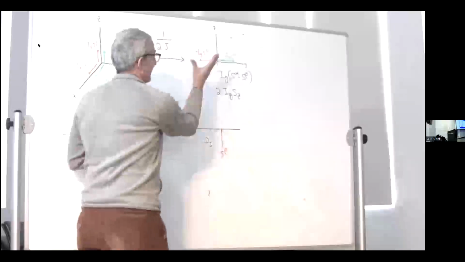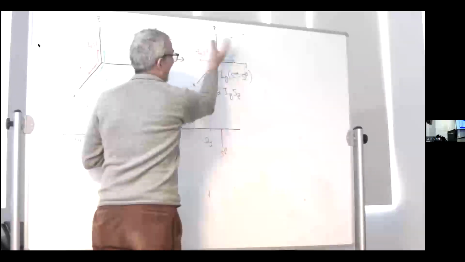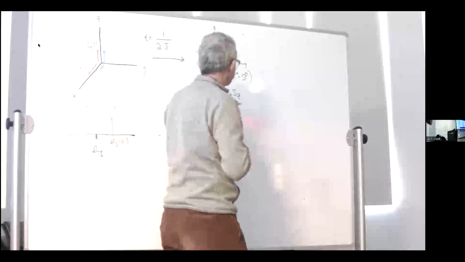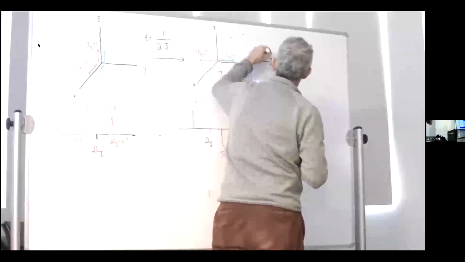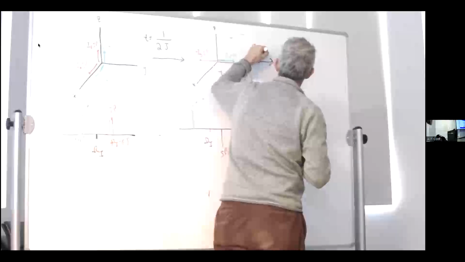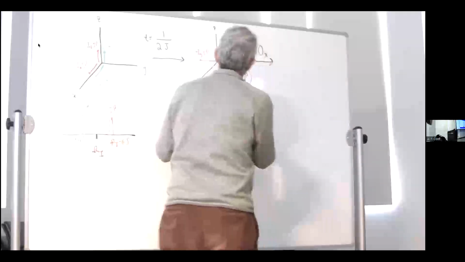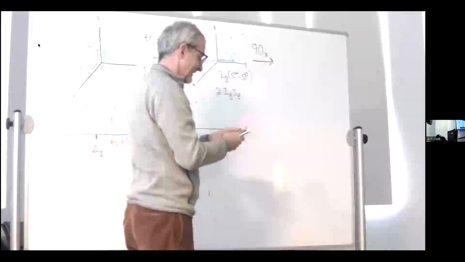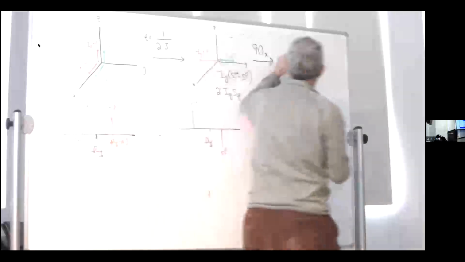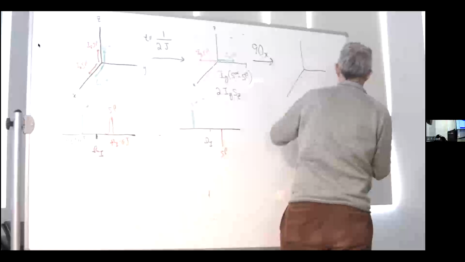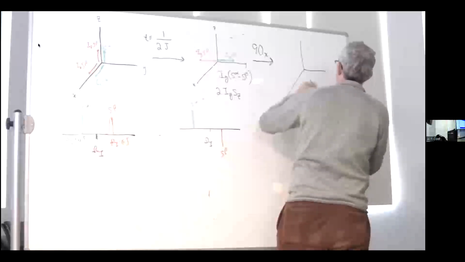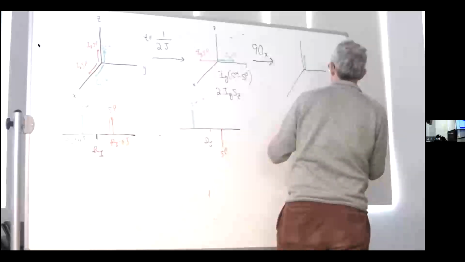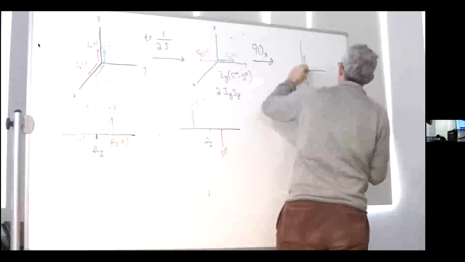A 90-degree X pulse takes Y to plus Z. So after a 90-degree X pulse, this one rotates up, this one rotates down, and now the green vector is up and the orange vector is down.